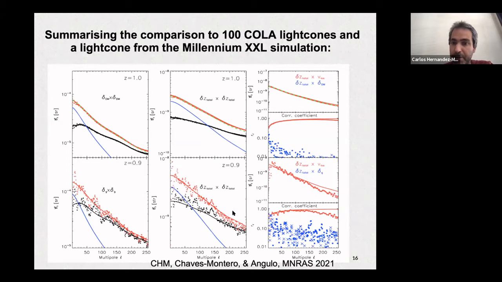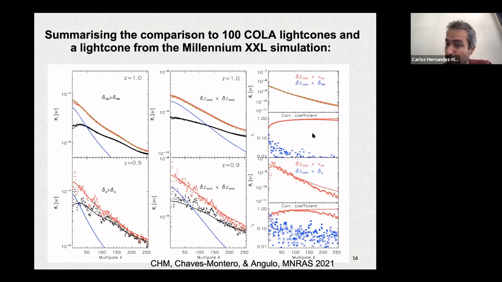the theoretical predictions. The important thing here is that there is a correlation between the line of sight velocities and the angular redshift fluctuations. And this is the correlation coefficient. The theoretical expectation is given by the solid line. The recovery from the simulations is given by these red circles, which almost look like a line. And it's very good.